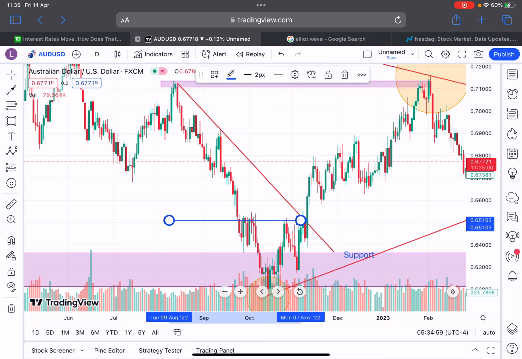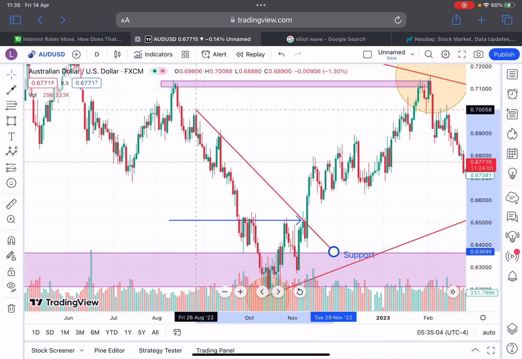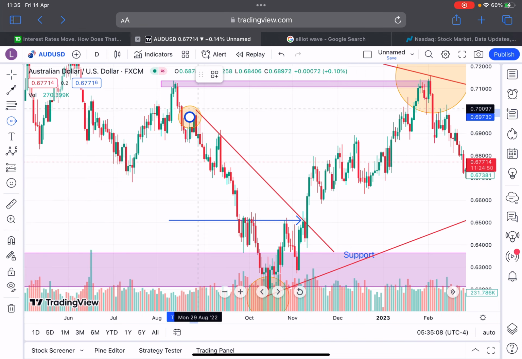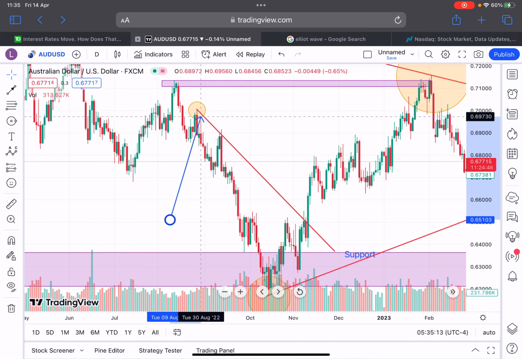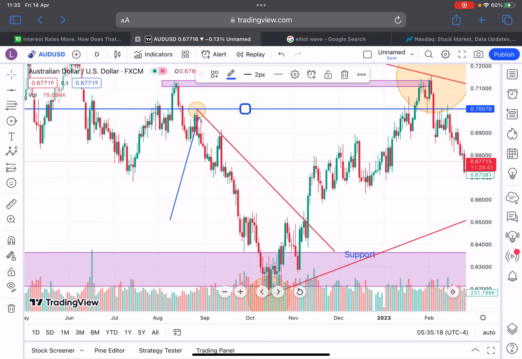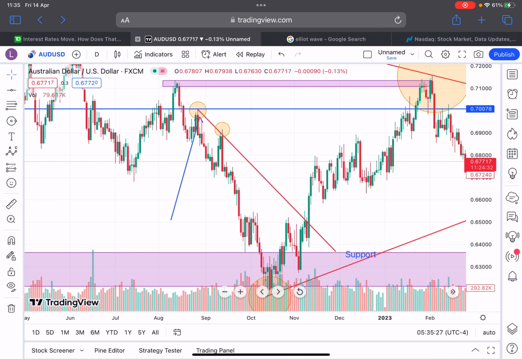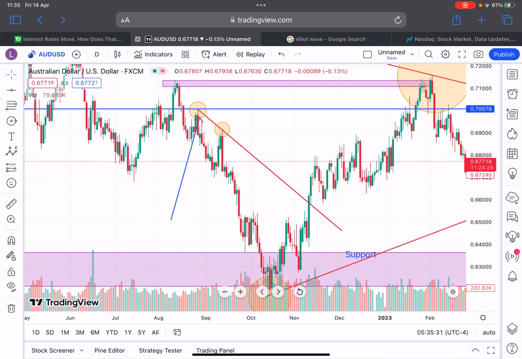If we take our touch 1 right here, and let me highlight this, since our touch 1 is now here, let's add our horizontal line here, meaning that is our target price on touch 1, and our touch 2, let's make it here on that candlestick, and then we have something like this.